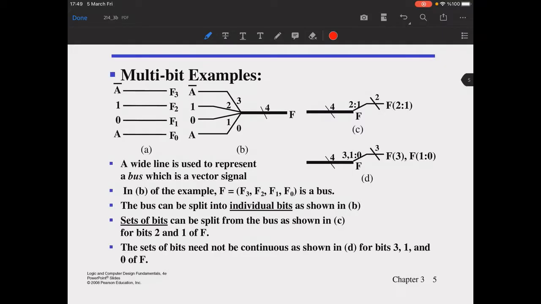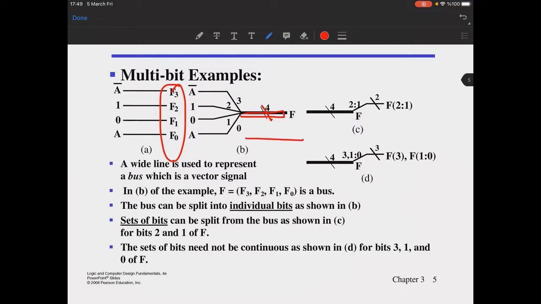Now suppose that you have multiple lines of information here, like bits, and if you have, for example, 4 of them here from F0 to F3, you can combine them together to represent them as a line, like a bus with size 4, for example. You show it like this. This just explains to us that it is a bus, this line.